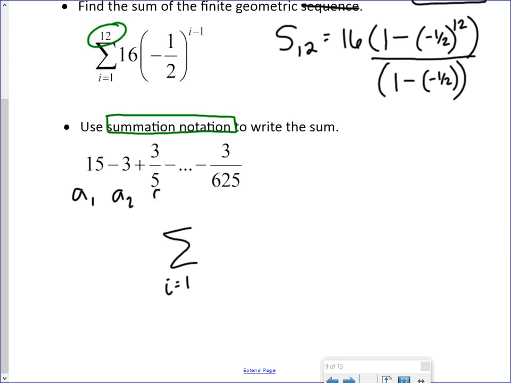This is my third term, 3/5. How will I figure out what negative 3 over 625 is, which term it is? Does anybody have any ideas? How about this? Talk real quick with your groups. How do you think you might be able to find out if that's the third, fourth, fifth, sixth, seventh, 10th term?